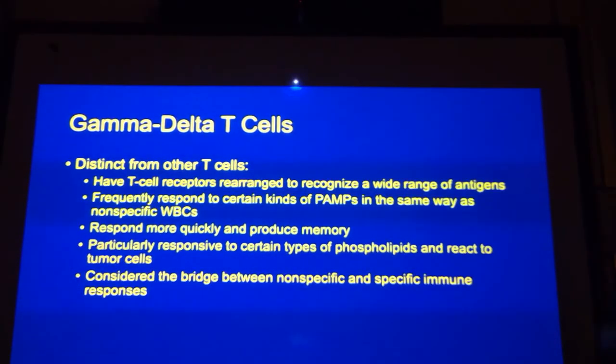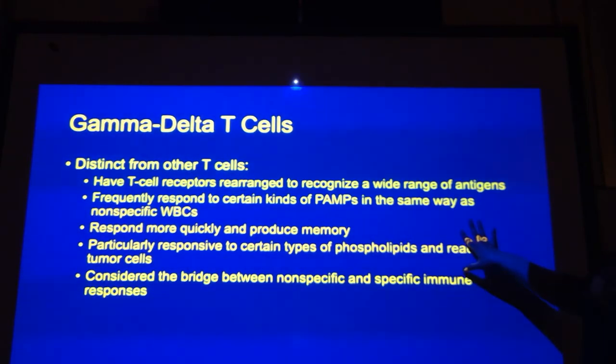Gamma delta T cells are distinct from other T cells. That's why we categorize them uniquely. They have T cell receptors that are arranged to recognize a wide range of antigens. So it's not just one, like my helper T cell and my cytotoxic T cell. They will frequently respond to certain kinds of PAMPs in the same way as our non-specific white blood cells, our macrophages and our neutrophils.